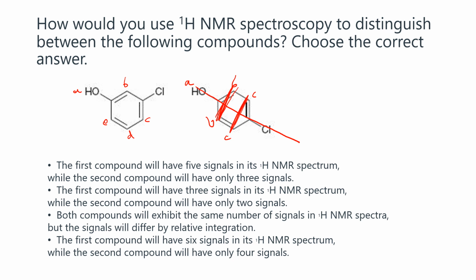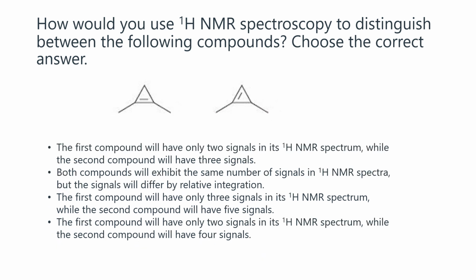No, that's okay. So 5, and where is that? 5 and 3. So that. Here again, this is number of signals. Here I have A, that has a plane of symmetry here. A and B. So only 2 signals.